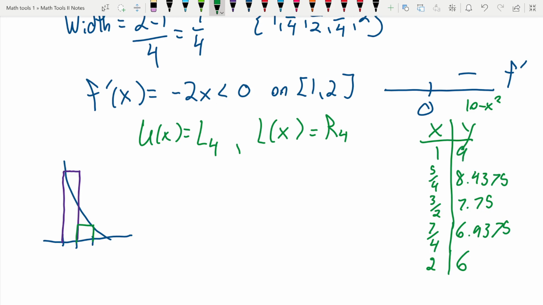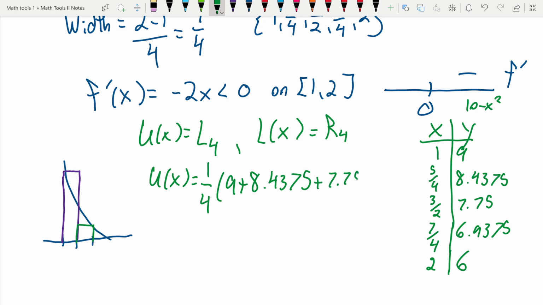Okay. So the upper sum here, all of them have width 1/4, and then, like I said, we're going to use the left endpoint. So we're going to use 9, 8.4375, etc. All right, so 9 plus 8.4375 plus 7.75 plus 6.9375.